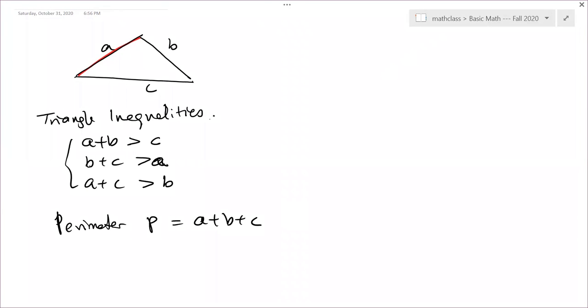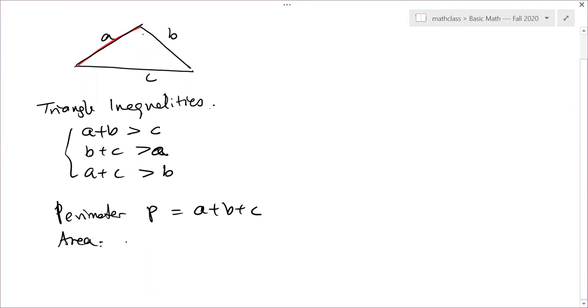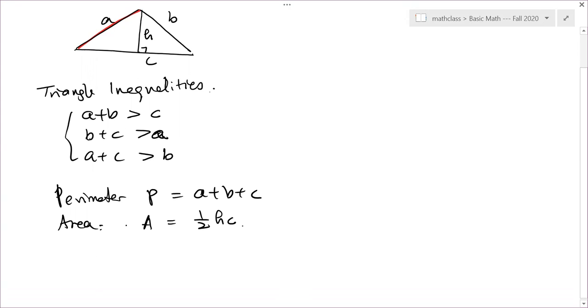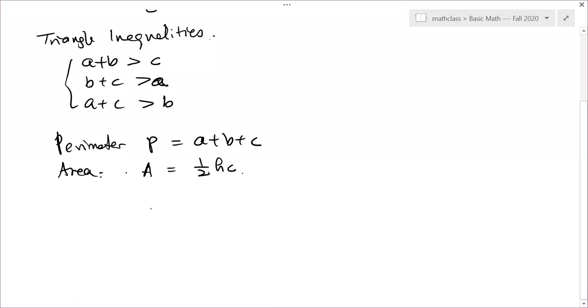We also have the so-called area. Now the question is, how to find the area, the formula for the area. The formula for the area is, if this is H, the area is going to be half of H times C. Now let me prove why this is true. This is a triangle, right?